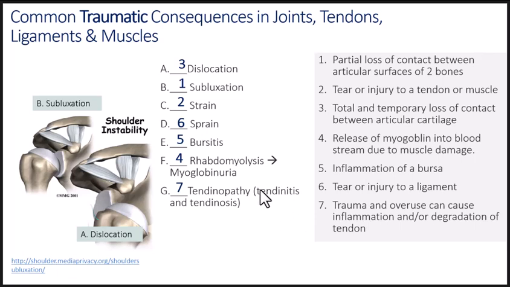When there is the thought of inflammation to be present, although this is a constant debate whether or not tendons can really be inflamed, but when there's inflammation thought to be present because somebody has had a recent injury, then tendinitis would be the diagnosis. Whereas tendinosis is really more of a long-standing condition where there's been some degradation of the collagen fibers that make up the integrity and structure of the tendon.